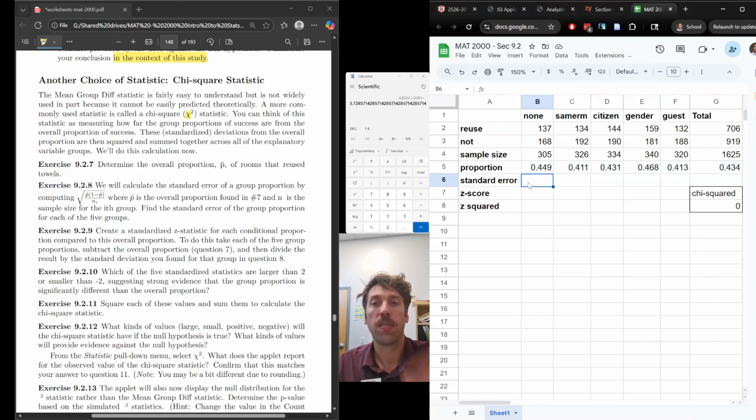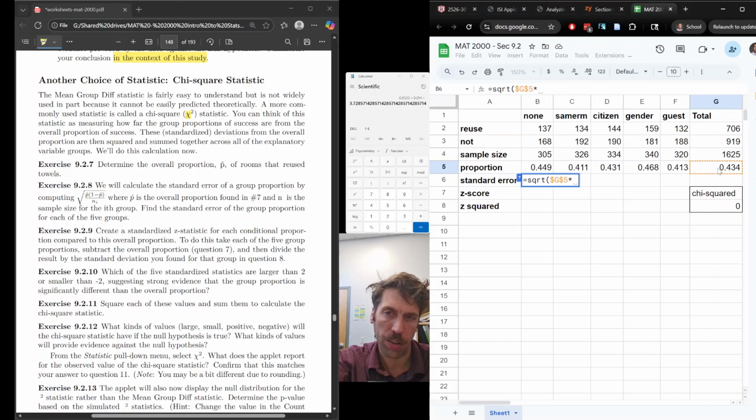So finding the standard error is going to be equal to the square root, SQRT, start parenthesis, of p hat, and then I'm going to press F4 for reasons of how I want to drag this. Then I do Shift 8 to get that little star, because that means multiplication in Excel. Parenthesis, 1 minus that same cell.